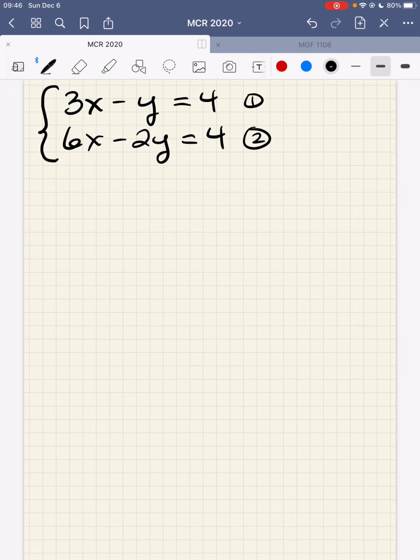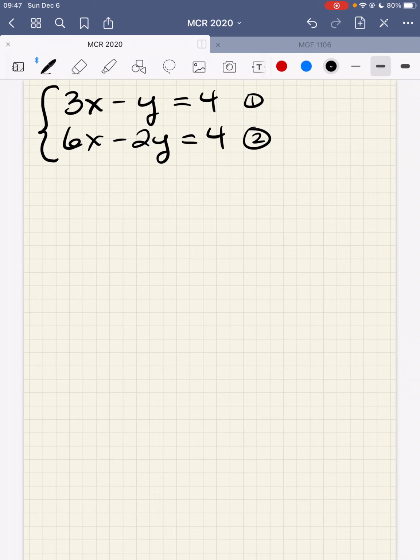Okay, so I need to multiply equation 1 or equation 2 by something so that one of my variables cancels. Now as I go ahead and look through this, it really doesn't matter who I pick, whether I pick x or whether I pick y.